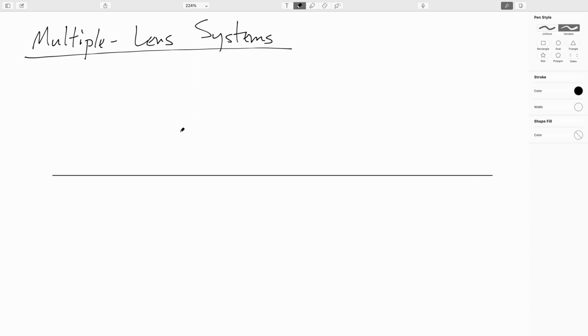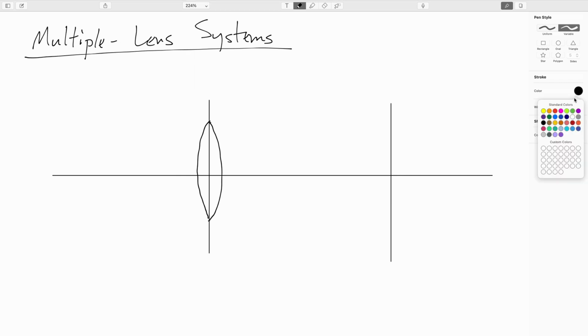where I've got two lenses. So just drawing the principal planes. There we go. And we'll make this lens here a converging lens, and we will give it a focal length of 5 centimeters.